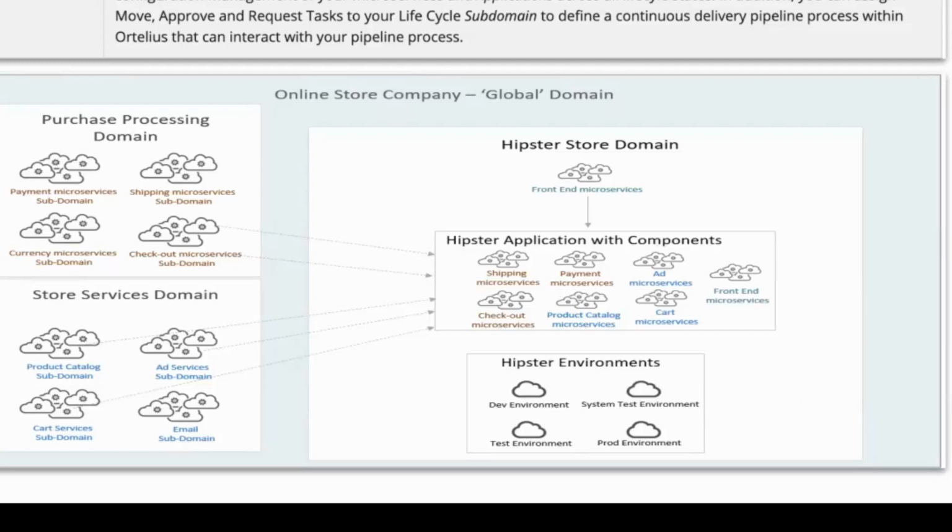If we have to differentiate one lifecycle domain from another, we can attach these environments to them. Right now we have 4 environments: dev, system test, and prod. So this is the broader picture of Ortelius with its domain, subdomains, environments, and application with components.